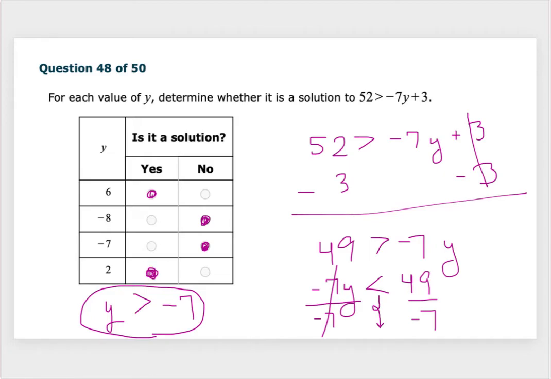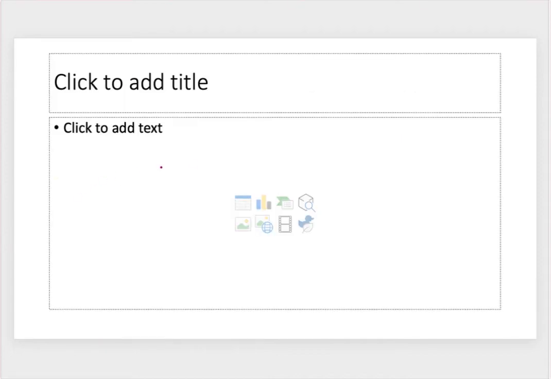Okay, now I'm going to insert a little slide here, if I can do that. And I want to do a very quick explanation for you. Let's say here 6 is greater than 3. Would you agree that 6 is greater than 3?